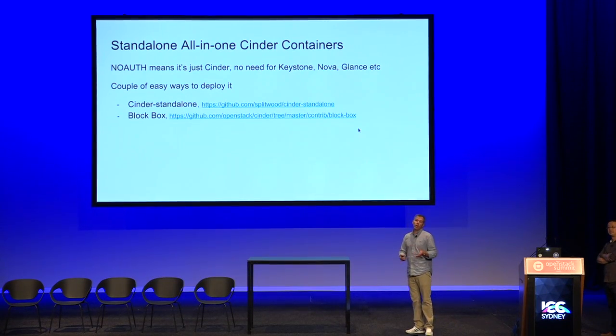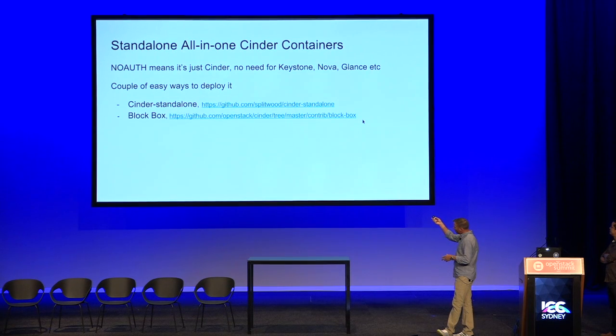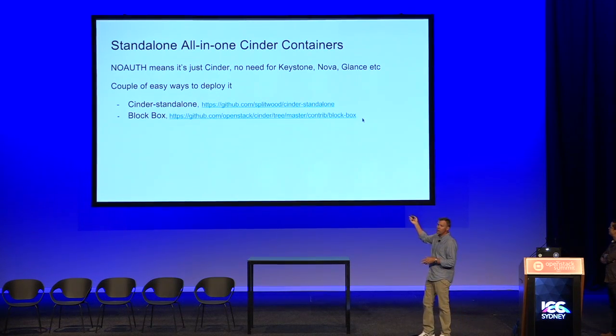You can also deploy it with Keystone and get a true auth system, which is probably the better way to do it right now. If you go to these GitHub repos, you can get the standalone Kubernetes plugin as well as the Block Box makefiles and Docker Compose files, and you can try this out for yourself.